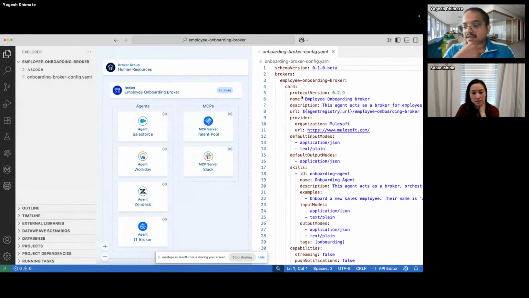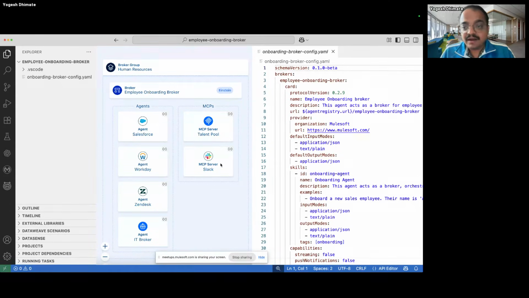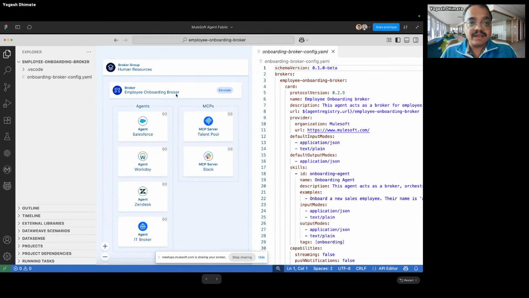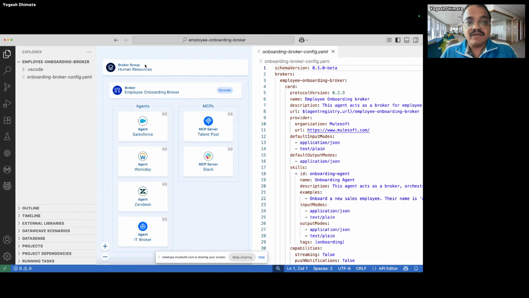Now, I think there was a question before I started presenting my screen whether the broker uses an LLM for reasoning and orchestration, right? So the answer is yes. The structure of the broker looks like this. At the topmost level, there is a broker group, which contains multiple brokers. Each broker contains your agents, MCP tools, and other components that you want to include in a broker.